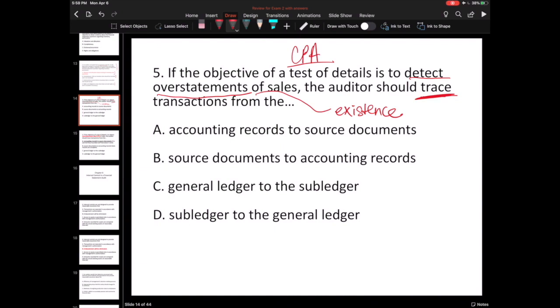And the textbook told you this as well: the definition of vouch is that you're directionally going from accounting records to source documents, and the definition of trace is technically that you're going from the source documents to the accounting records.